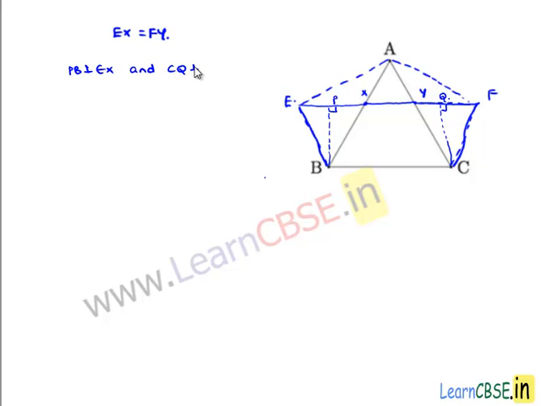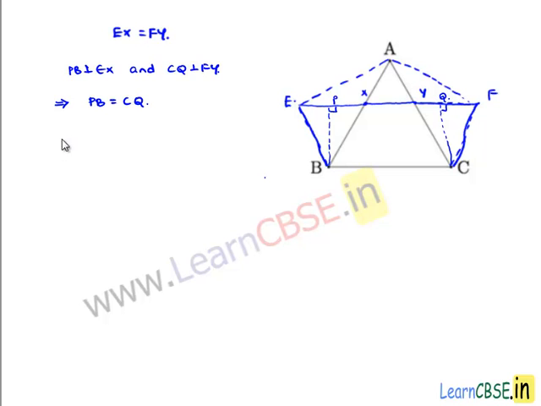We know that if there are two parallel lines, the perpendicular distance between two parallel lines is always constant throughout the continuation of the parallel lines. Therefore, we can say that here PB is equal to CQ.